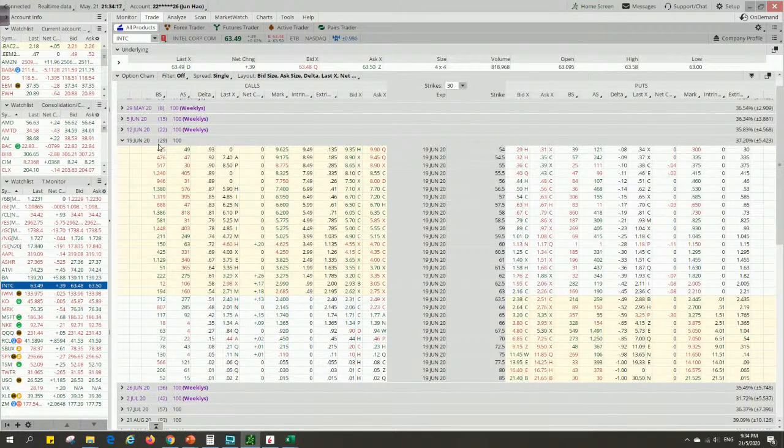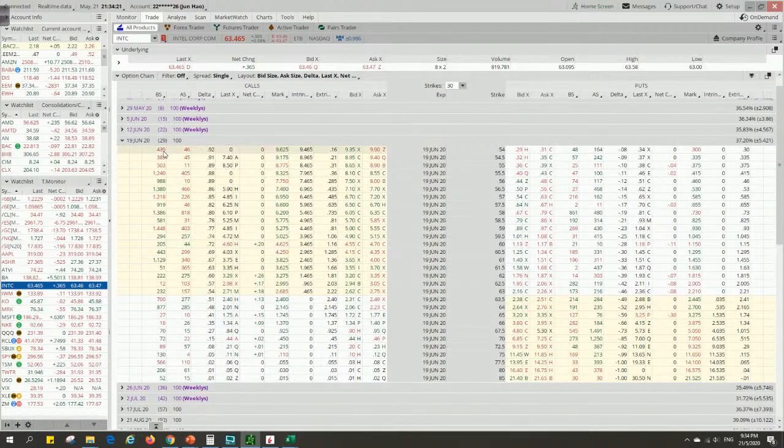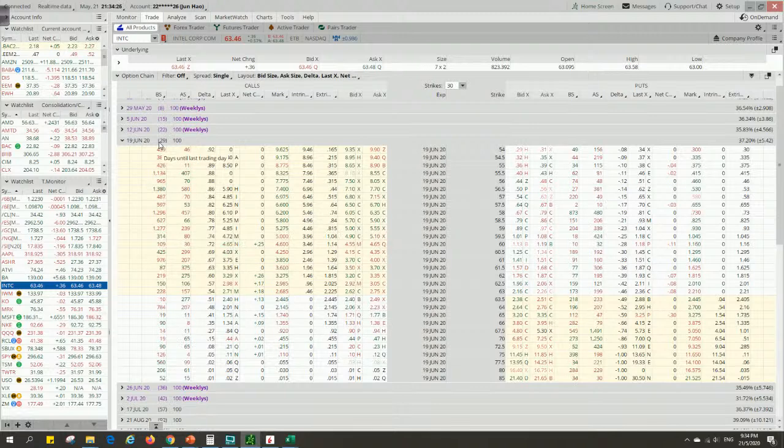If you have gone through our option Greek analysis, you have known that theta is the time decay. It decays the fastest during the last 30 days of the option lifespan. So a few ways to it, like I've said.